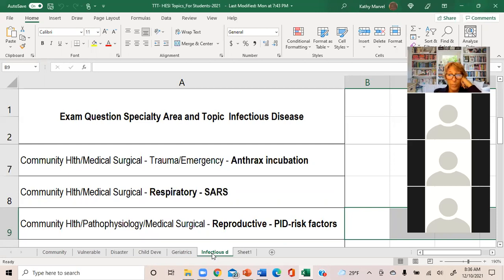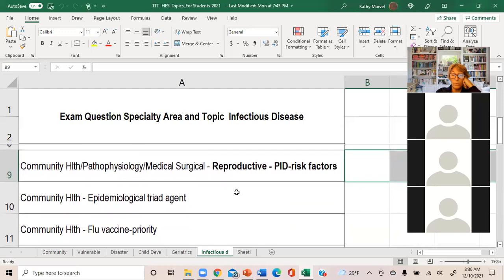I think that was actually a box in the chapter of different kinds of agents. So here they're asking, what specifically is the anthrax incubation? Okay, and same with SARS.